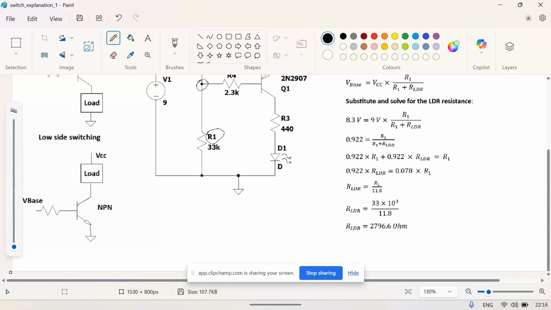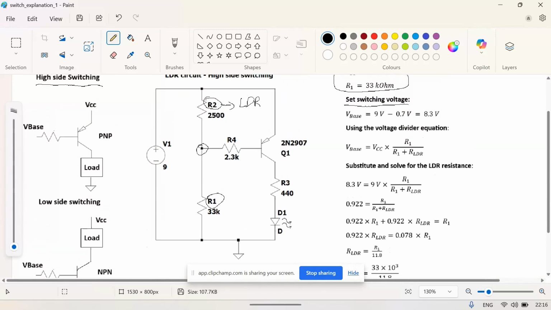When we substitute the values, we get RLDR should be 1 by 11.8 times R1, which is equal to 2796 ohms.